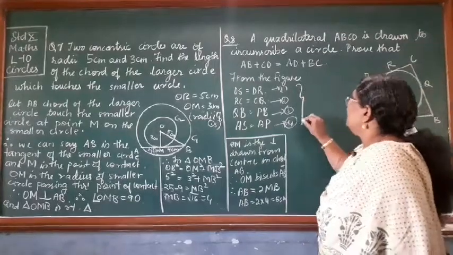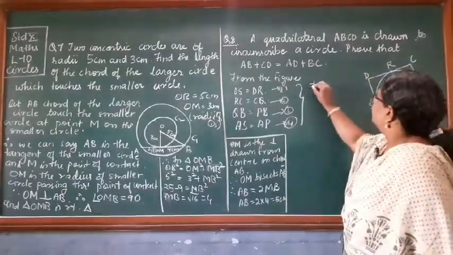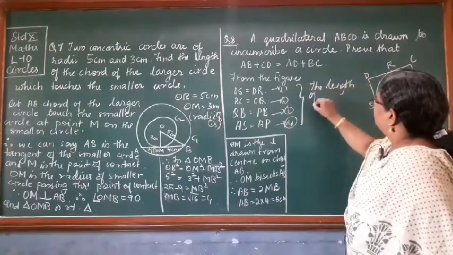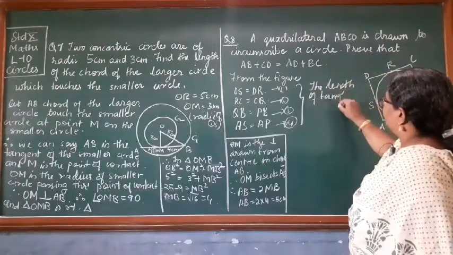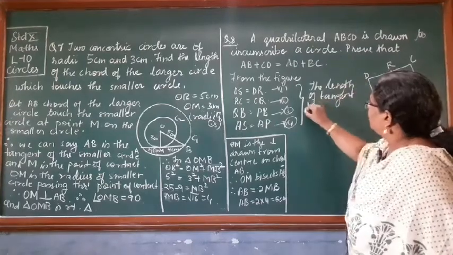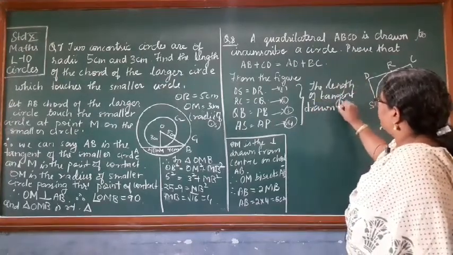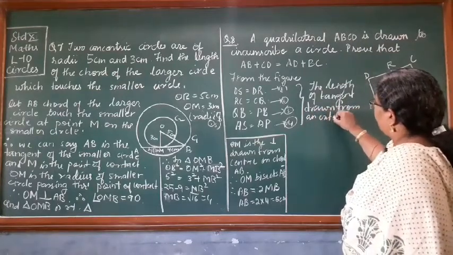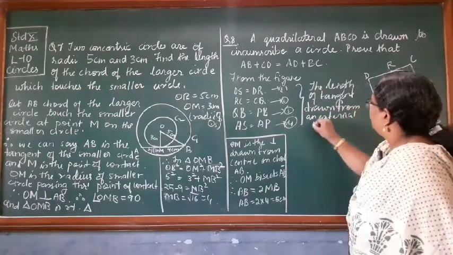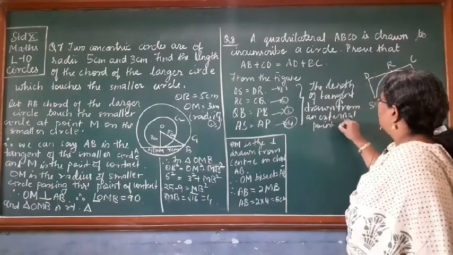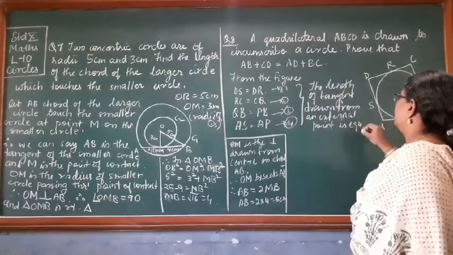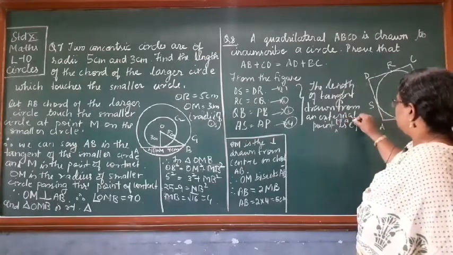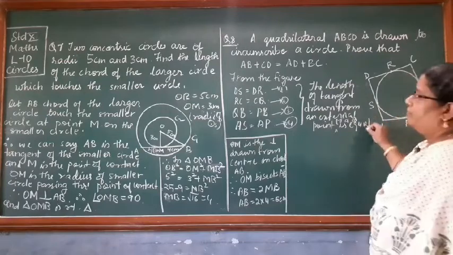All of that reason क्या है कि the length of tangent drawn from an external point to a circle is equal.